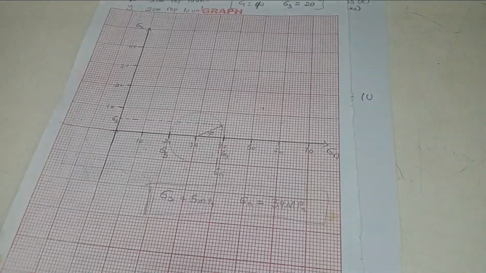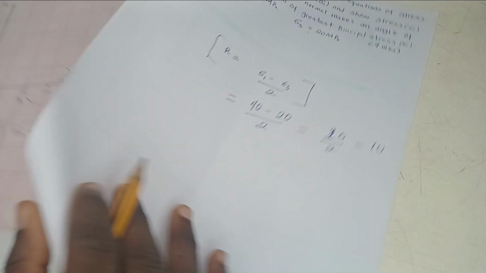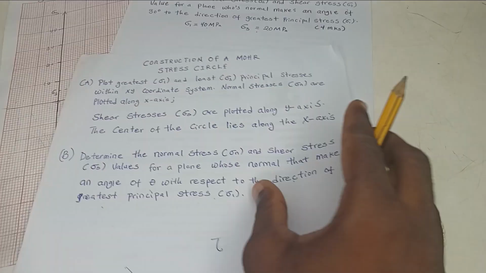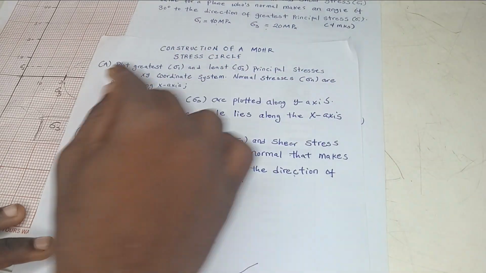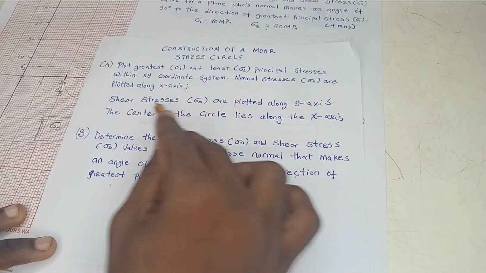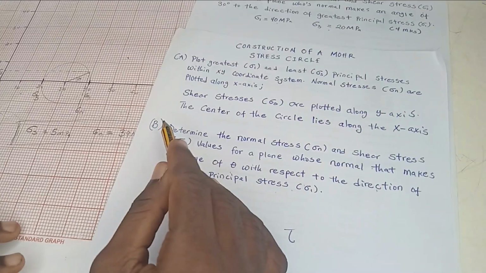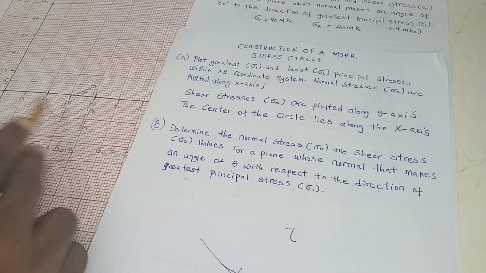Thank you. So this is the summary of everything. Let me give a short recap. The first part is you must plot the greatest sigma 1 and sigma 3 within the xy coordinate system. Normal stress is plotted along the x-axis. The shear stress is plotted along the y-axis. The center of the circle lies along the x-axis, as I've shown in the graph.